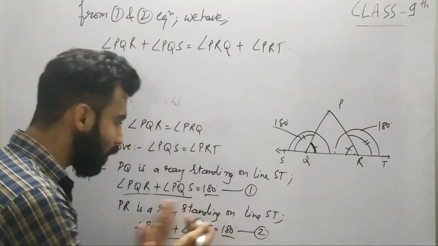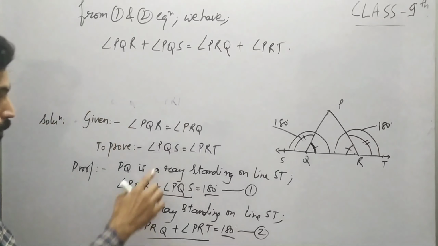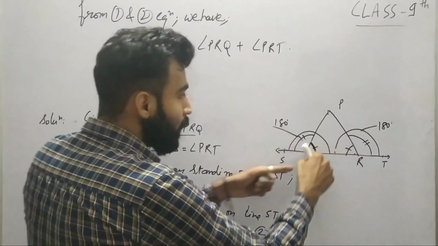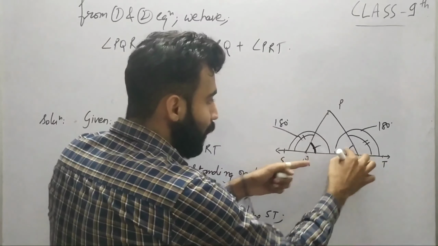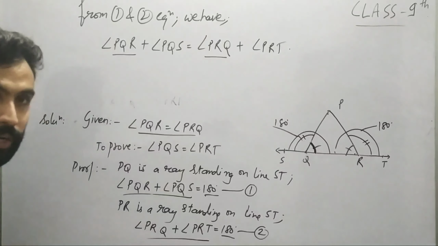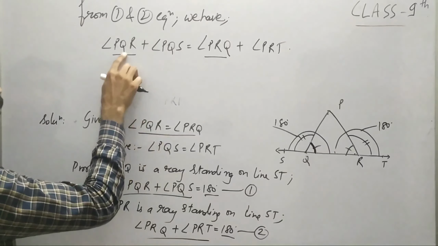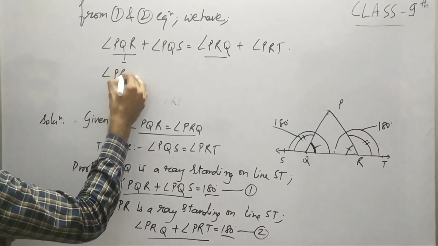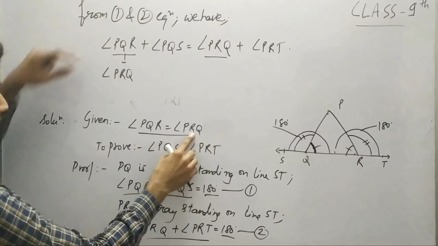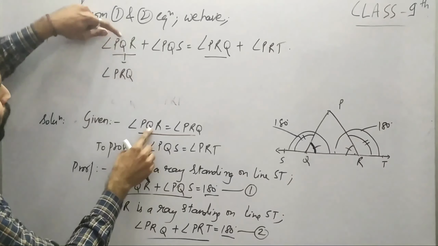The right hand sides are equal, so left hand sides are also equal, right? Now observe this given thing to us, that this angle PQR is equal to PRQ. So if you just observe here, PQR is equal to PRQ, right? So you can write at the place of PQR, PRQ, because both angles are equal, right? So I have just substituted PRQ at the place of PQR.